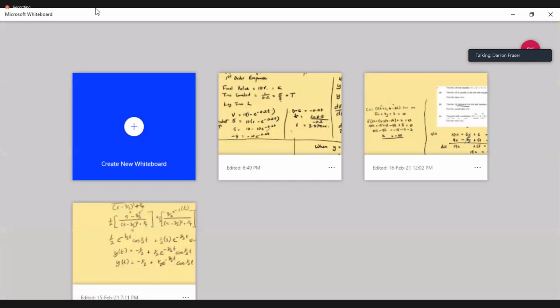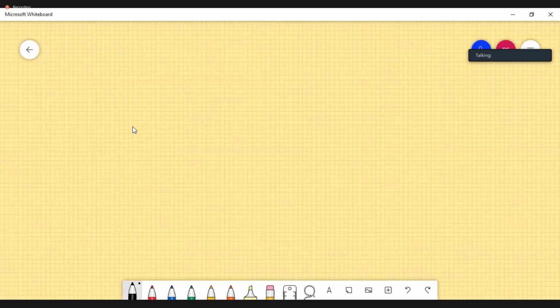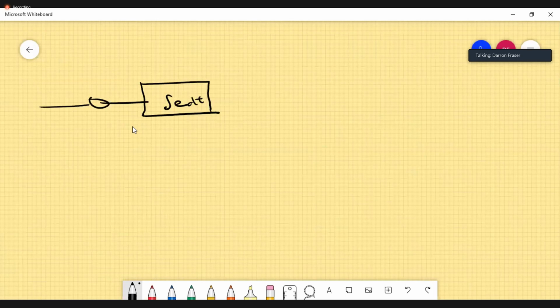We could just have a little brief discussion. Remember what we were saying. So the integral controller is the integral of the error, and the error is the input.